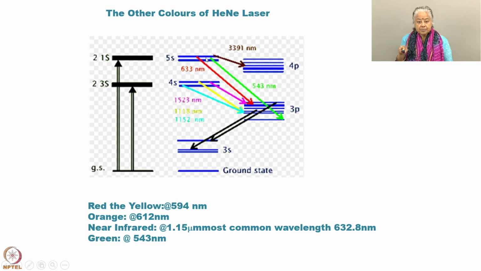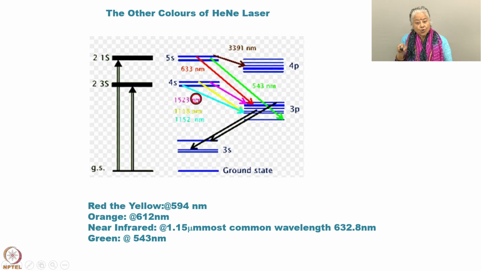So, this principal red line is from this upper level to, say, one of the levels of 3p. But then from the upper level, it can also fall down to one of the lower levels of 3p, and that gives you the green light, which is 543 nanometer.